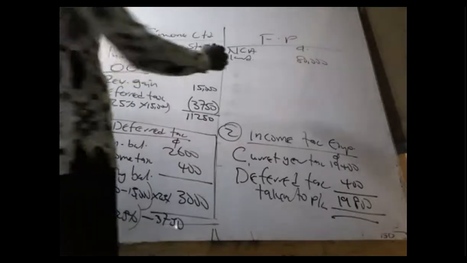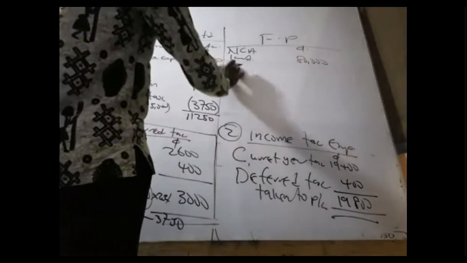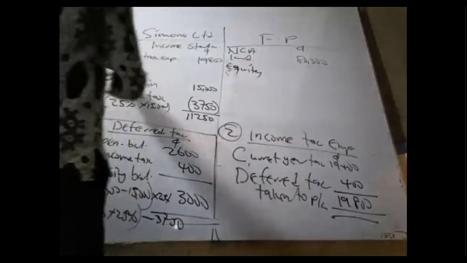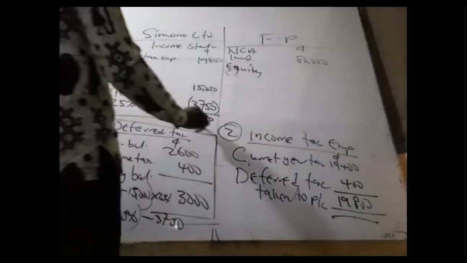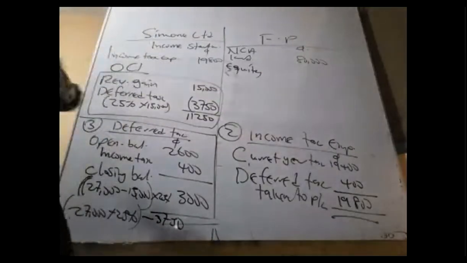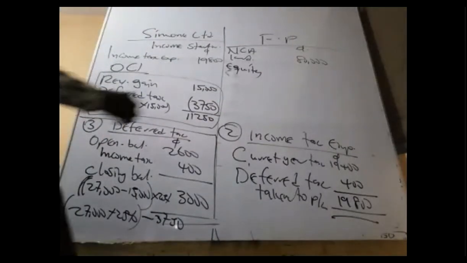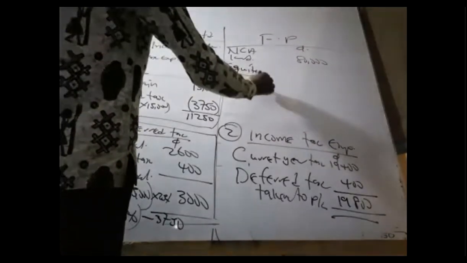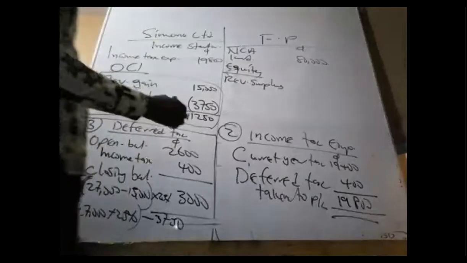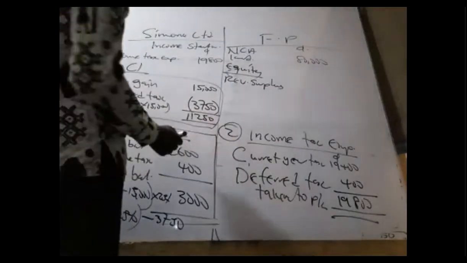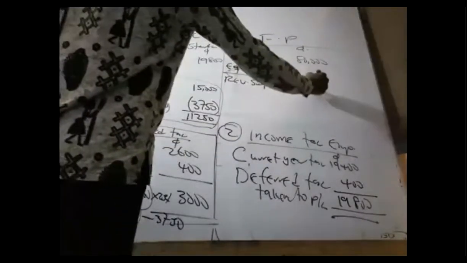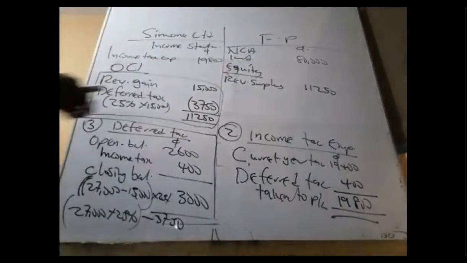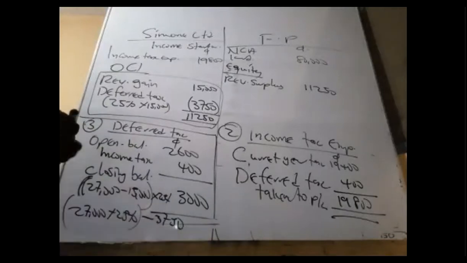I'll go to equity. Whatever enters the OCI also enters the balance sheet through the change in equity. So I write a revaluation surplus. I'll pick the net of tax, which is 11,250.